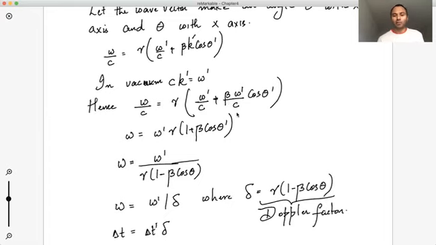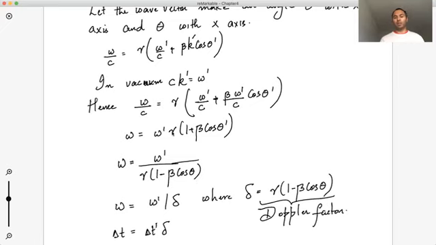Anyway, if you want to cast all of this in terms of the unprimed quantities, then you can use the equation for the aberration of light to see the transformation of angles, right? We did that already. And it's a nice thing to remember that gamma times 1 plus beta cos theta prime ends up being 1 over gamma times 1 minus beta cos theta.